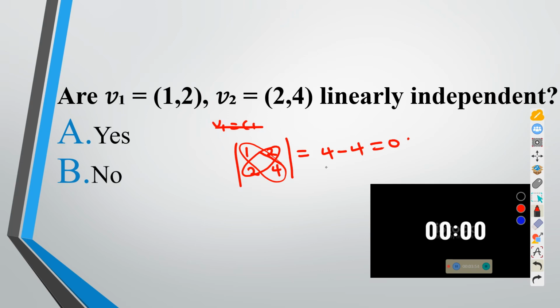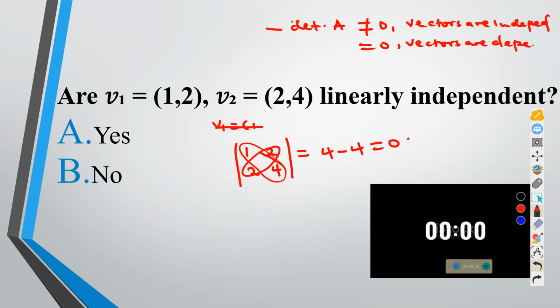If the determinant of the matrix of vectors is not equal to 0, then the vectors are independent. If the determinant is equal to 0, then they are dependent. So we have two cases.